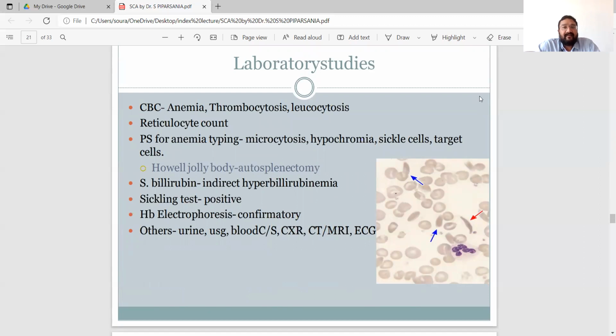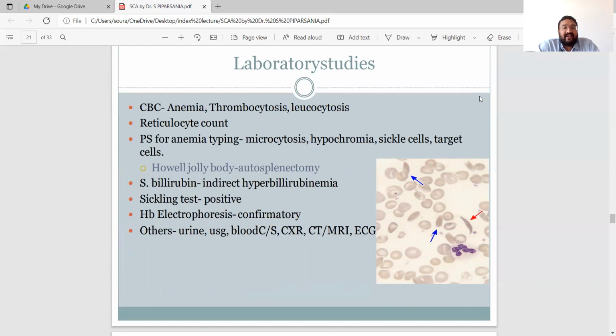Laboratory studies that are done include CBC, which will show anemia; thrombocytosis and leukocytosis may or may not be present. Reticulocyte counts are often increased. Peripheral smear will show microcytosis, hypochromia, sickle cells, and target cells.